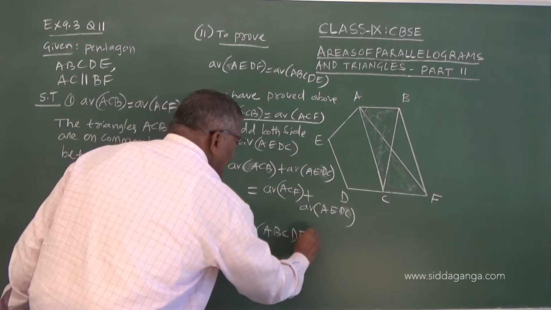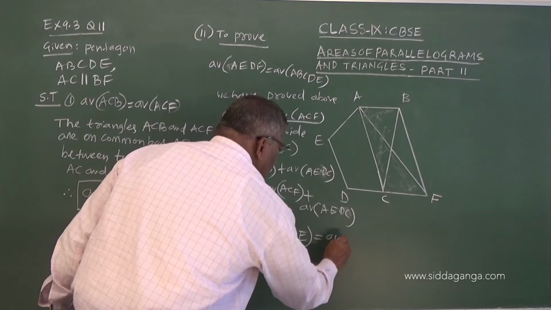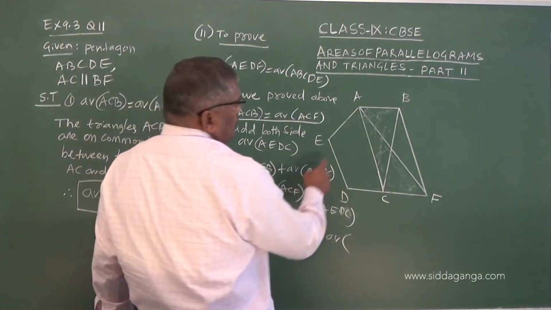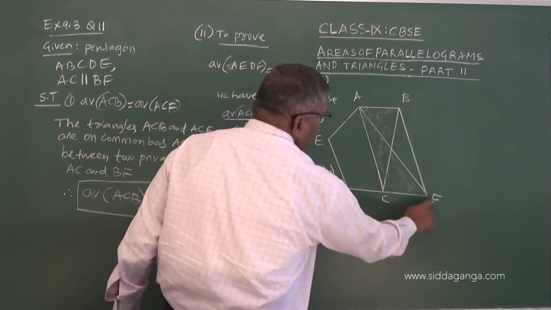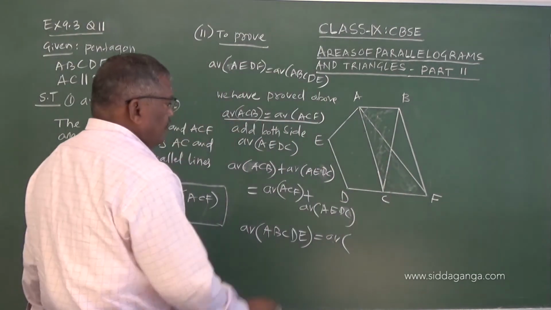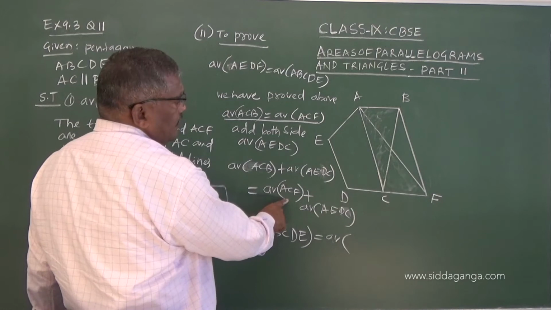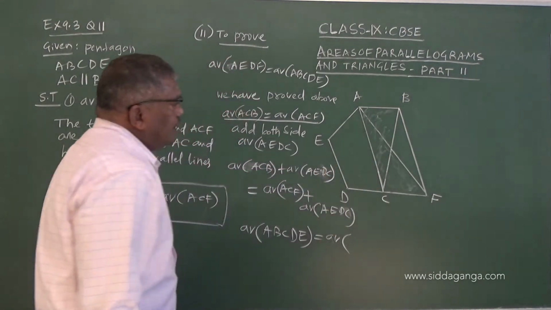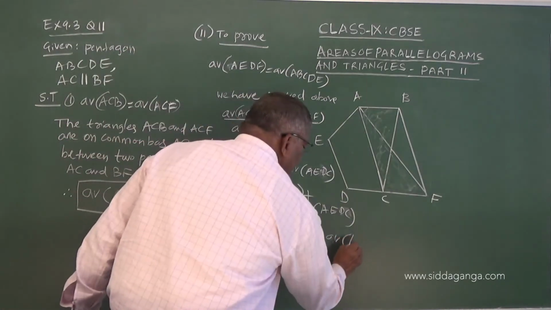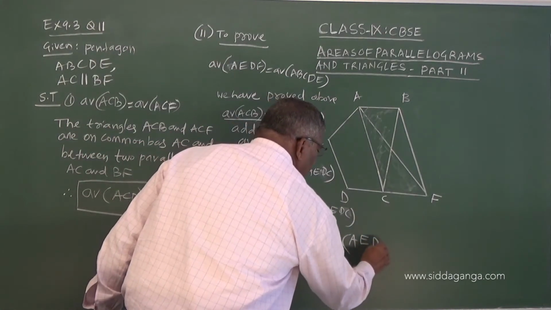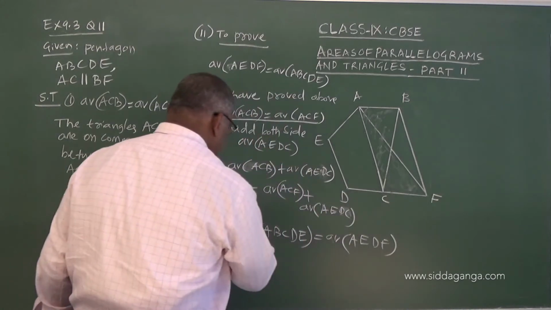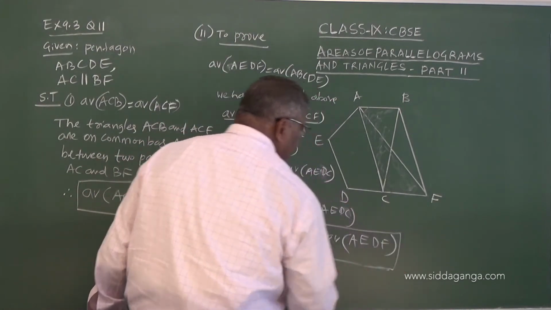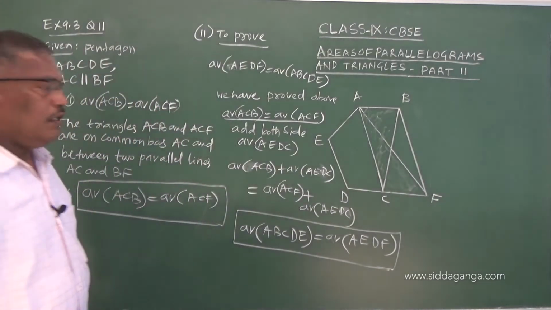This equals area AEDF. So when we add to ACF, this sum of these two, you will get AEDF. So this is what was to be proved. So hence proved, you can write hence proved.